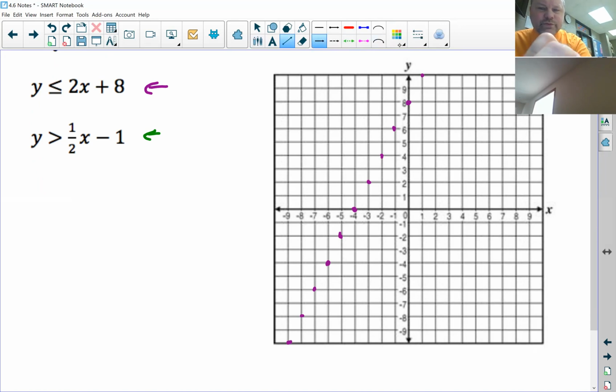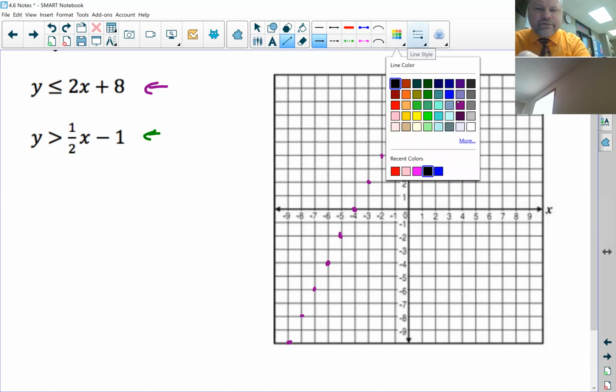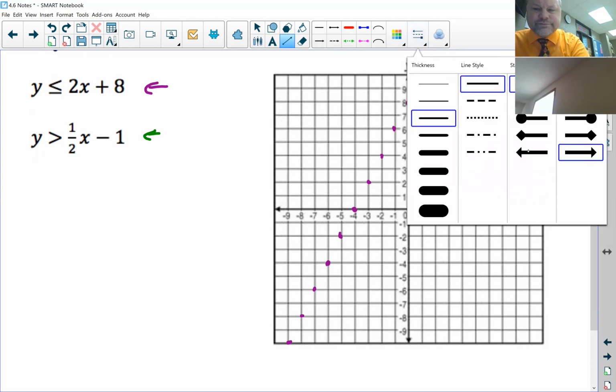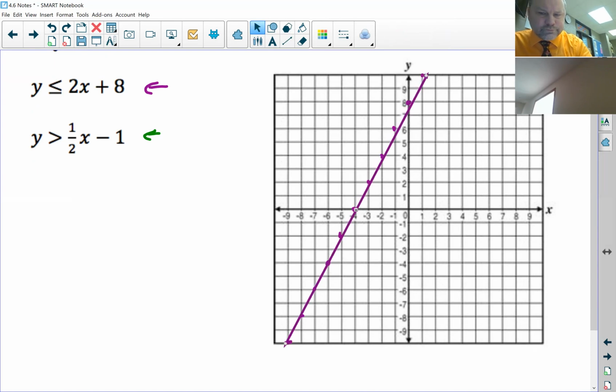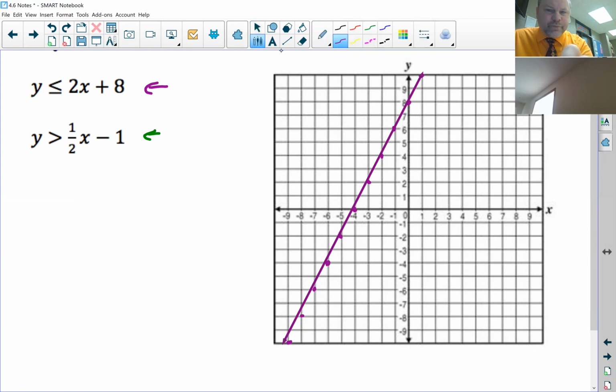Because it's less than or equal to, we are going to have a solid line. And because it is less than, we will shade below.